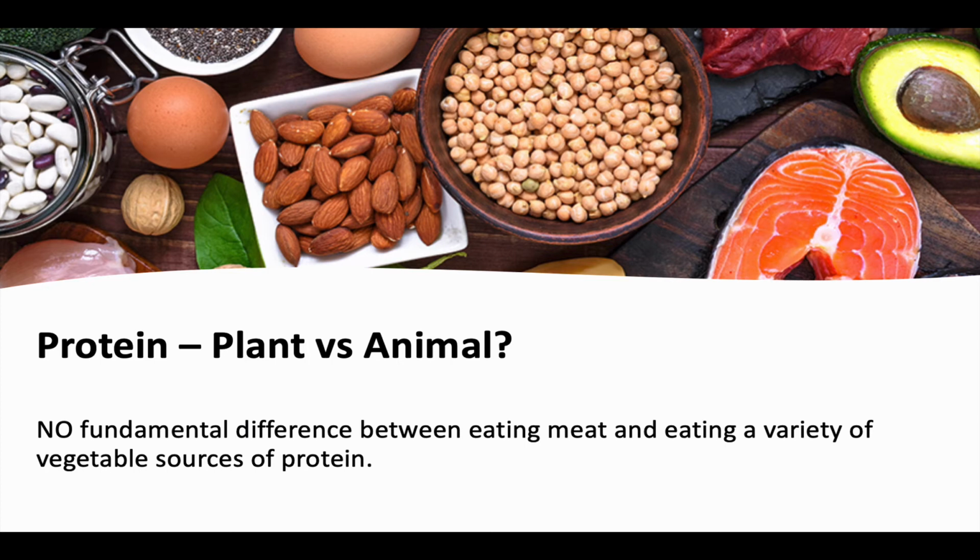But when we're talking in this context around diabetes reversal, I really don't think there's a difference in terms of the quality of protein for the people in this circumstance. There are other factors for sure here: the environmental factors, the sustainability factors, the ethical factors, and those are individual things.